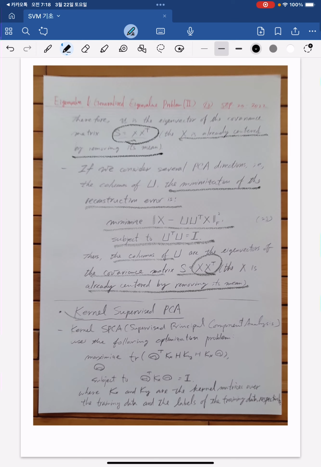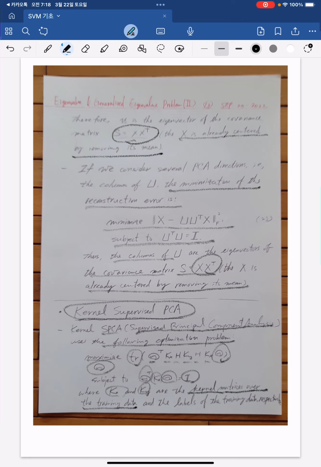Kernel supervised PCA. Kernel SPCA, supervised principal component analysis, uses the following optimization problem. Maximize trace theta transpose KX H KY H KX theta, subject to theta transpose KX H KX theta equal to identity matrix, where KX and KY are kernel matrices over the training data and the labels over the training data respectively.